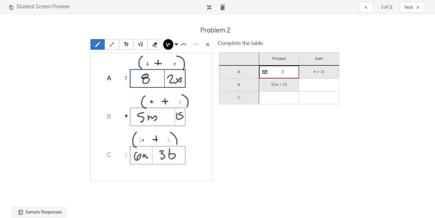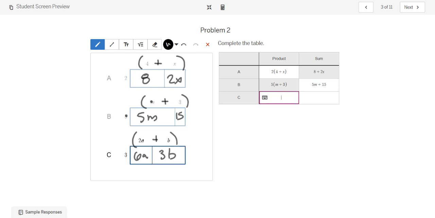This is 2 times the quantity or the sum of 4 plus x, and that does equal 8 plus 2x. Right here, I get that this one is 5m plus 15.